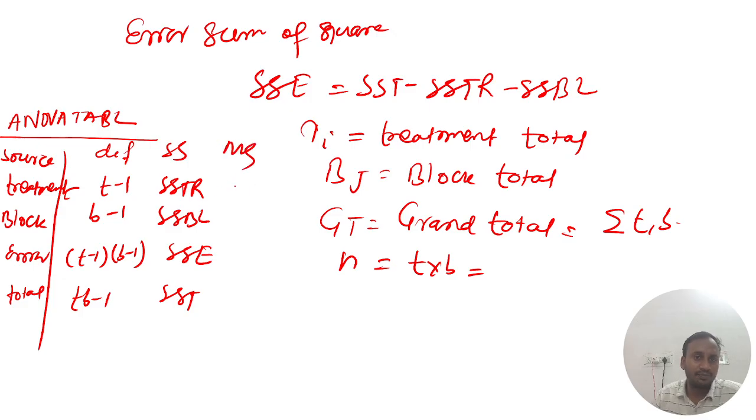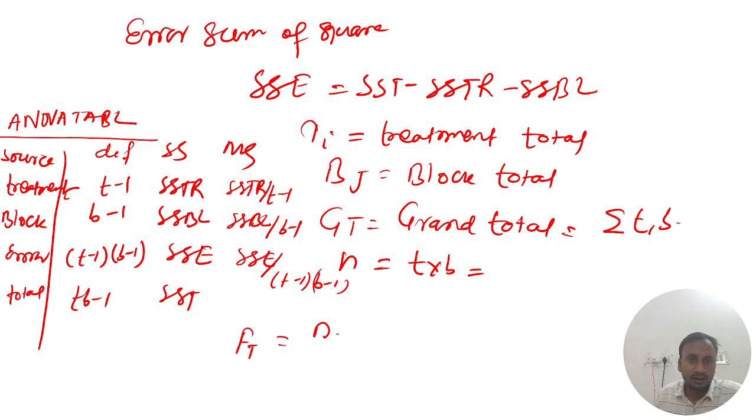What is the MS? SSTR by T minus 1, SSBL by B minus 1, and SSE by T minus 1 into B minus 1. So what will be the F for the treatment? MSTR upon MSE.